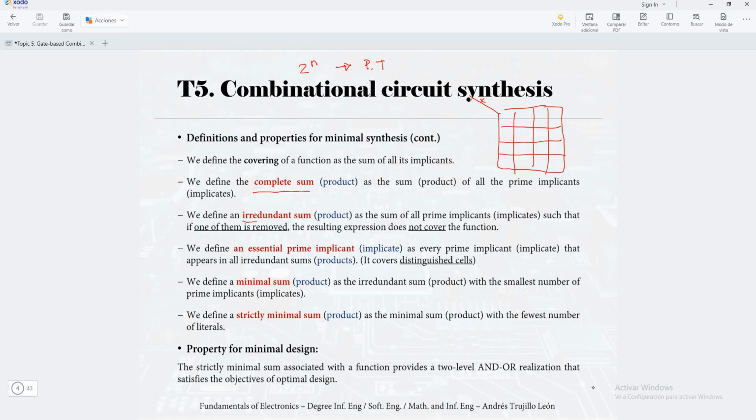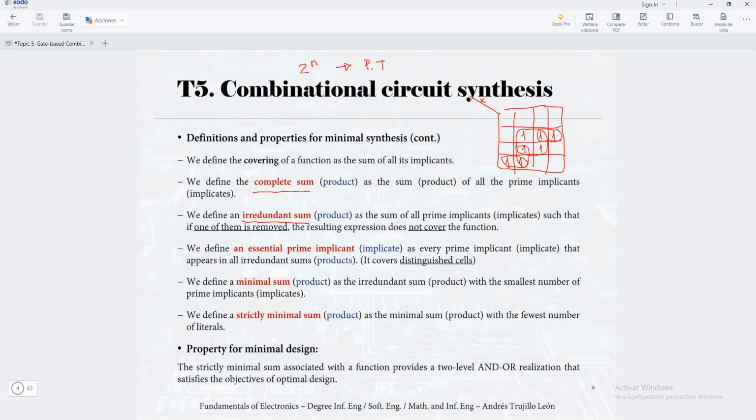The irredundant sum is a sum so that if we remove one product term, one implicant of the function, we are leaving ones out that are not covered. For example, if we have these ones here, we can form this prime implicant.